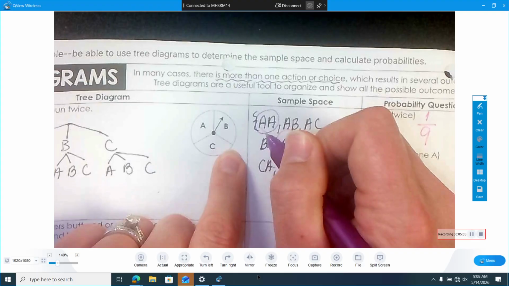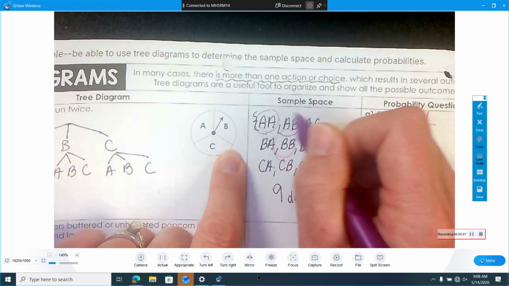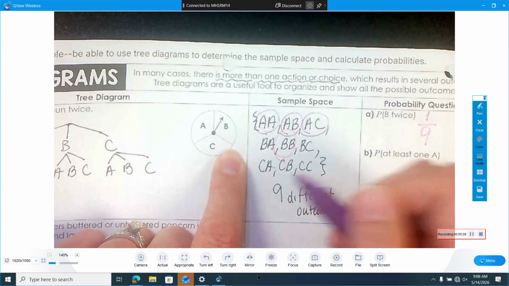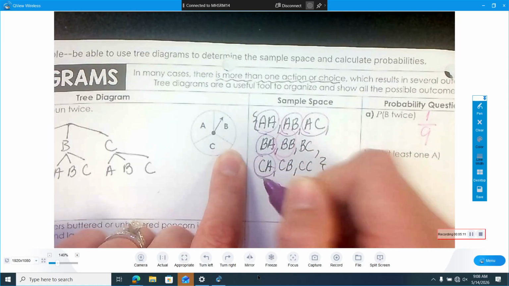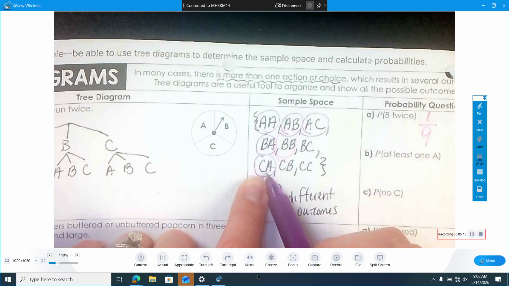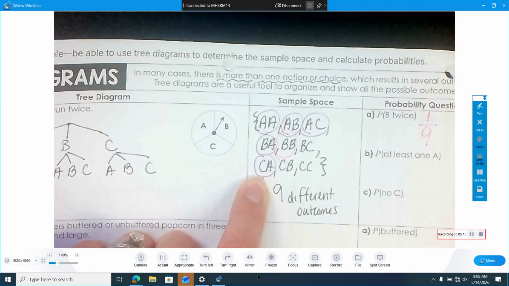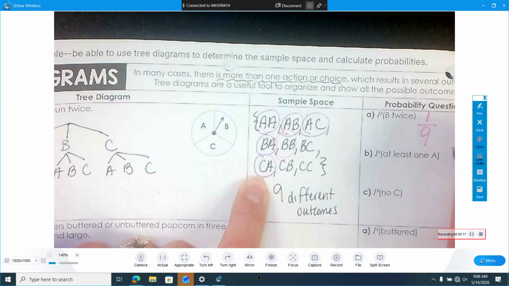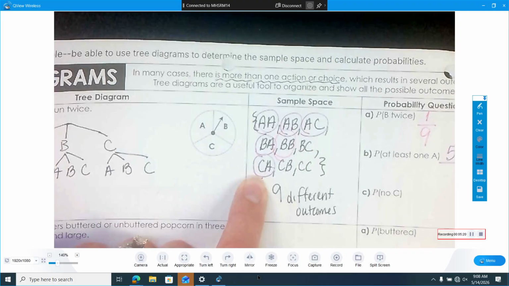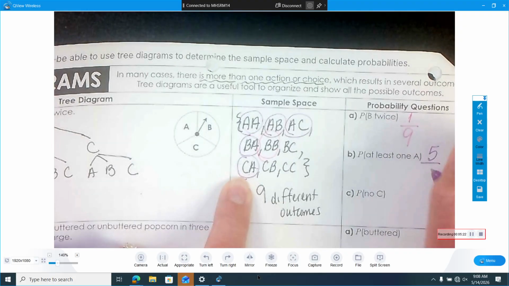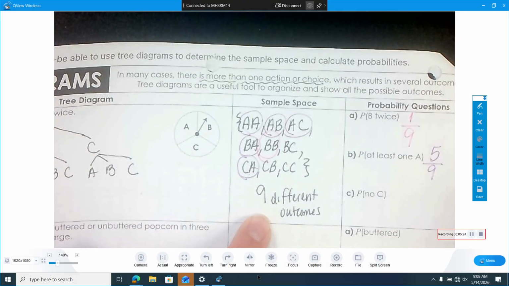All right, we got one here. There's at least one A, at least one A, at least one A, and there. 1, 2, 3, 4, 5 places where we got at least one A. So 5 winners out of 9 possible outcomes.